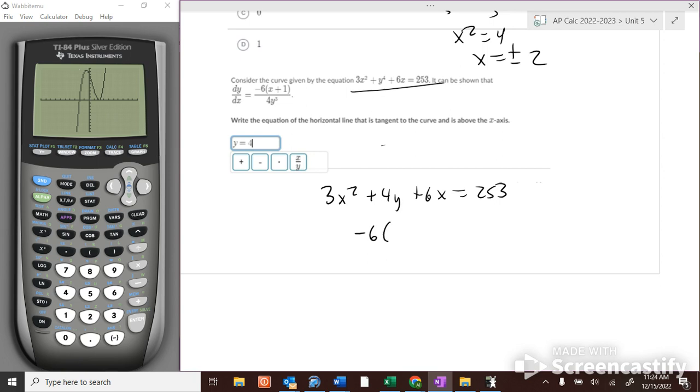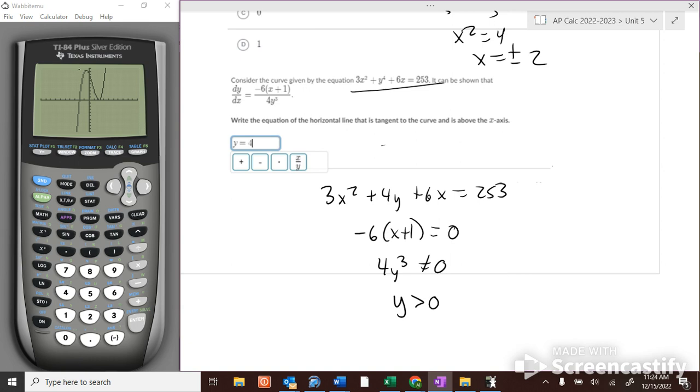So negative 6 times x plus 1 has to be equal to 0. We know the denominator, 4y cubed, cannot be equal to 0. Okay, and if it's above the x-axis, y must be greater than 0 because it's going to be a y answer.